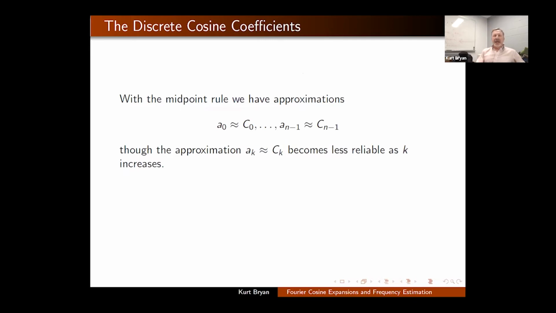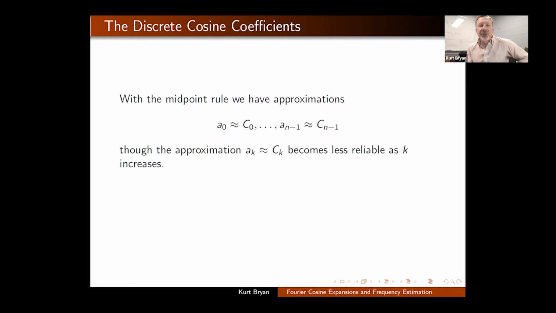I'm not going to do it here, but you'll find that the approximation is reasonable if k is up as large as n minus 1. In other words, you can estimate the Fourier coefficients a_0, a_1, a_2 up to a_(n-1) with some reasonable accuracy.